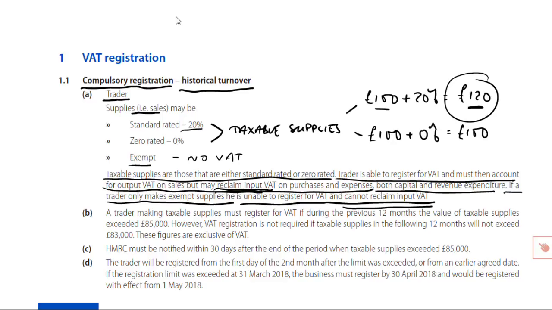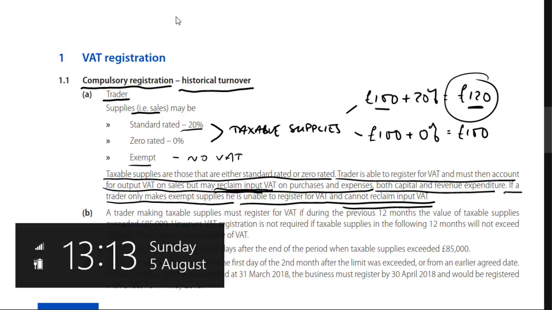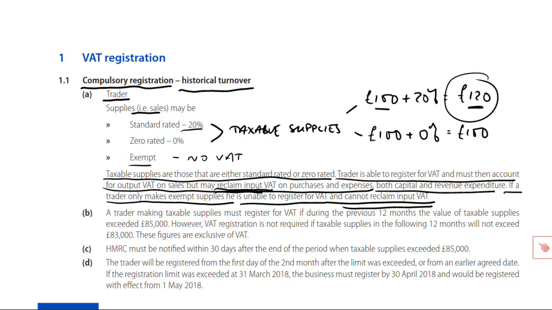Again, we'll see in a moment the level of activity that would require us to compulsorily register for VAT. But if we are registered for VAT, and we do make taxable supplies, then although we have to account for the output VAT on the sales, when we sell for £100 plus 20%, i.e. £20 VAT, we do not get to keep all of that £120.